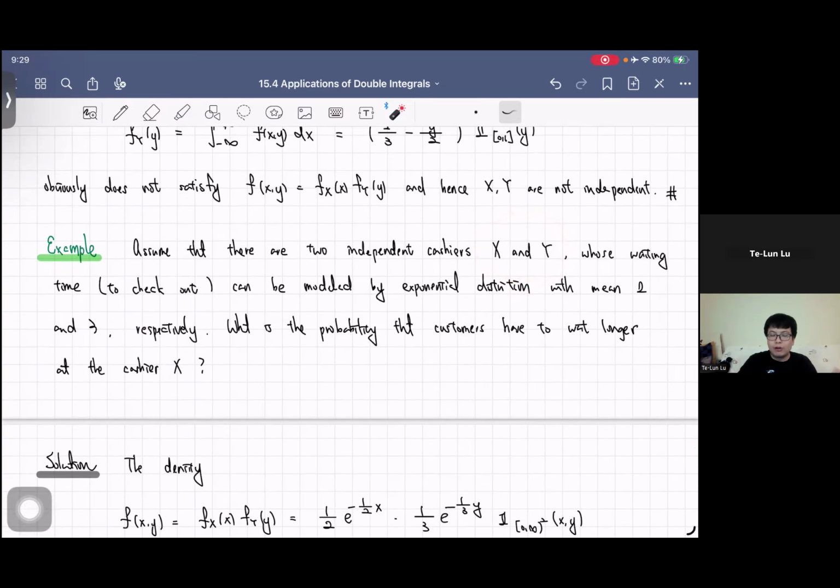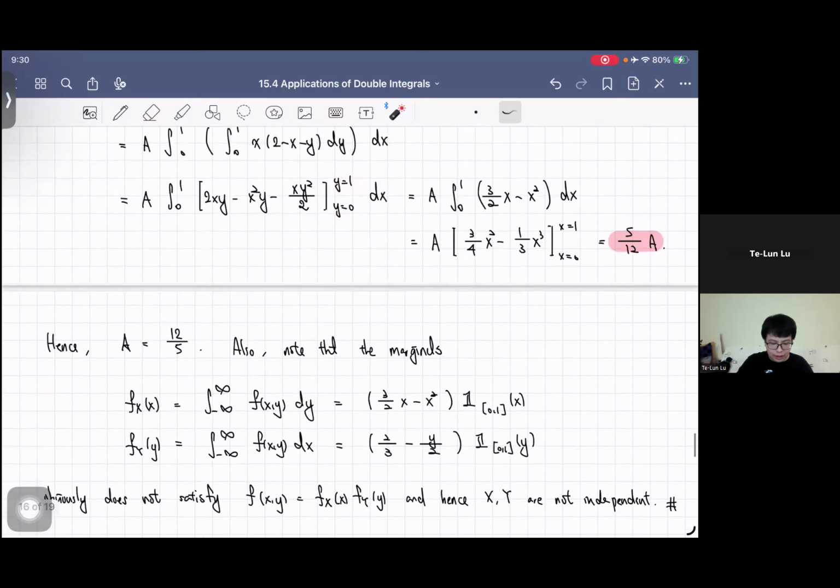If you have a shorter mean waiting time, then you should wait shorter, right? If you have a longer mean waiting time, then you should wait longer, which is intuitive.